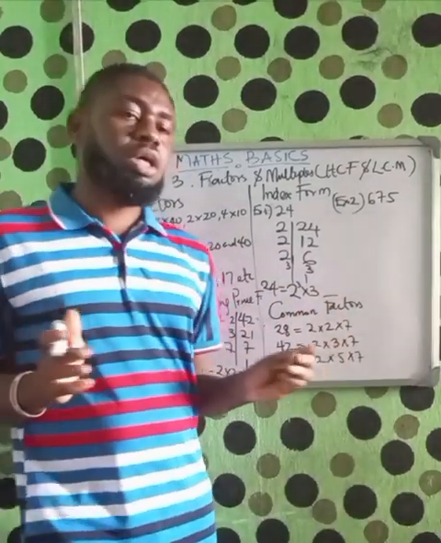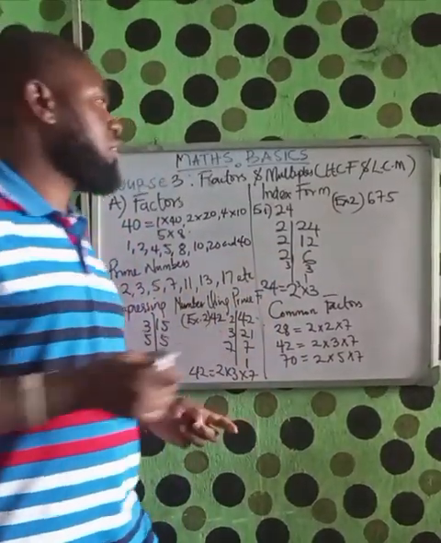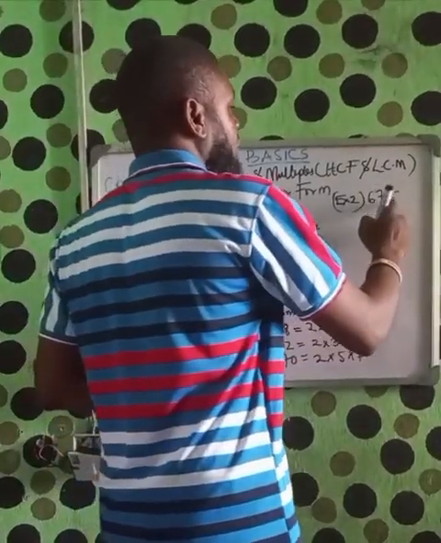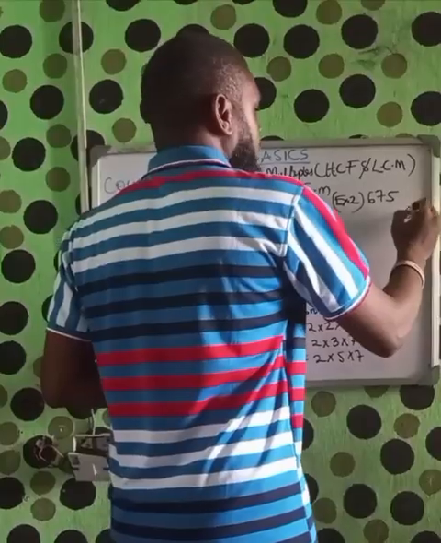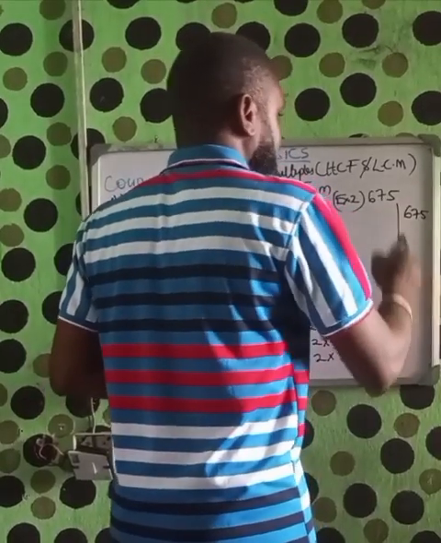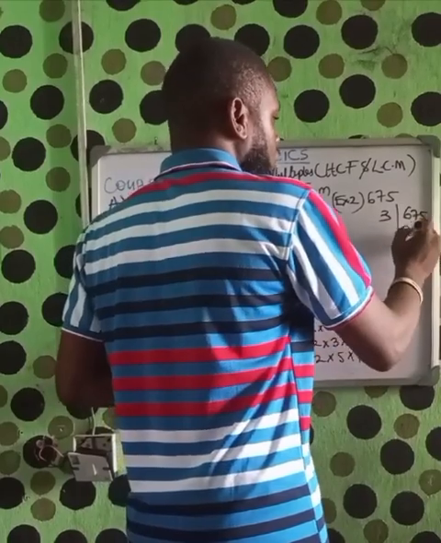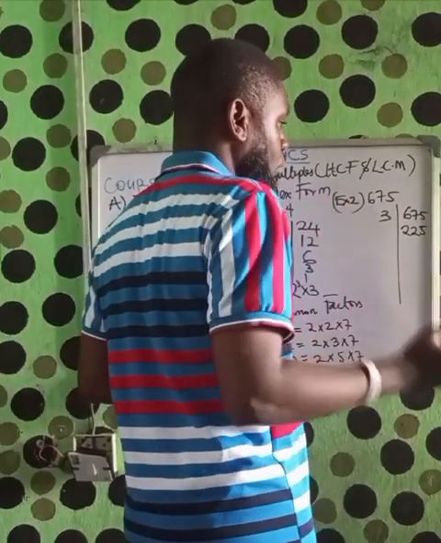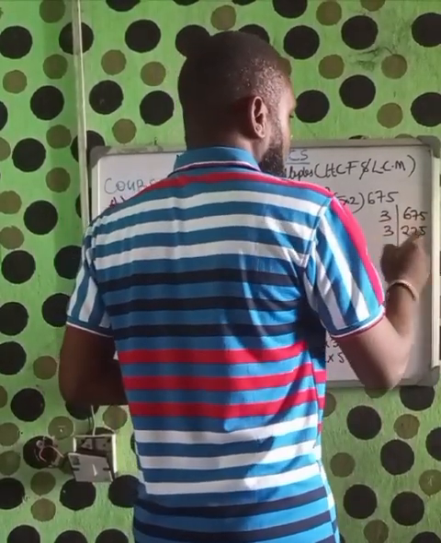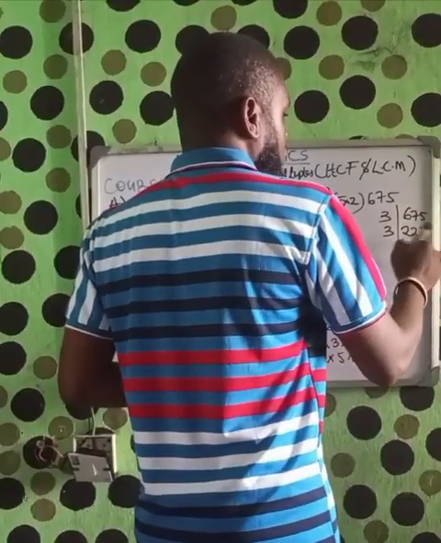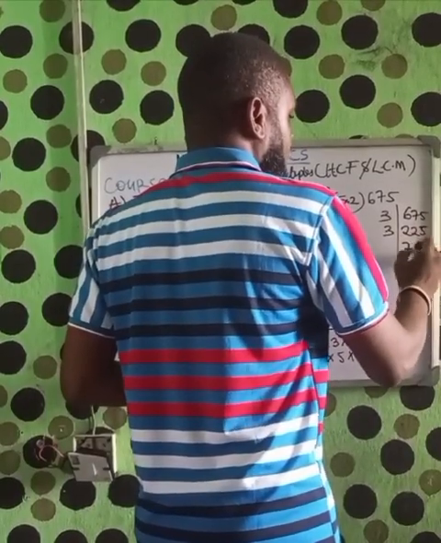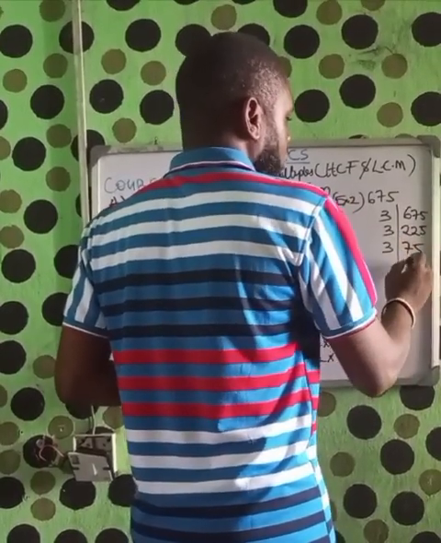Very simple and very short. Straightforward. Next up, we have 675. I want to express 675 in index form. So I will start with 3 here. 3 can divide this, I will have 225. Also, 3 can divide this, 3 here will give me 75. Then 3 here will give me 25.